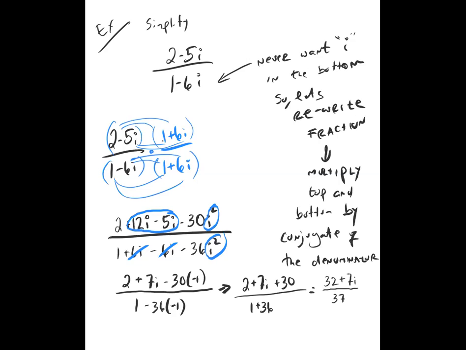But remember, we need a short answer in this a plus bi form. So this is really 32 over 37 plus 7 over 37, and we show the i afterwards. Because we always want to show our complex number in that form. Now I don't think these fractions reduce any further, so that is our solution there.